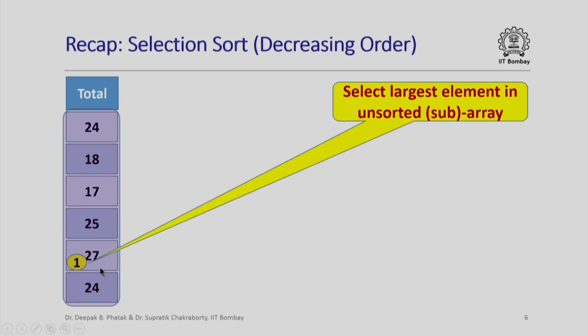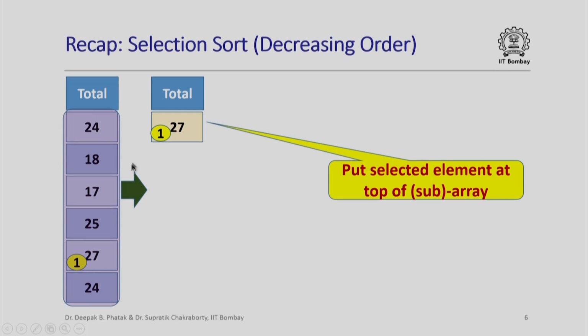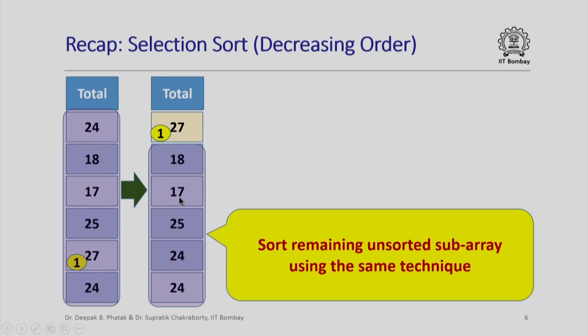We first selected the largest element in the unsorted subarray, since we want decreasing order. Then we put this selected element at the top of our subarray of interest, and then we said that we have a remaining problem and we wanted to sort the remaining unsorted subarray using the same technique.